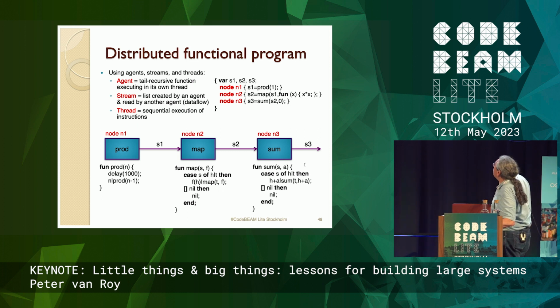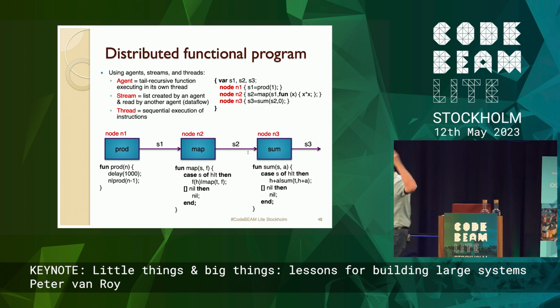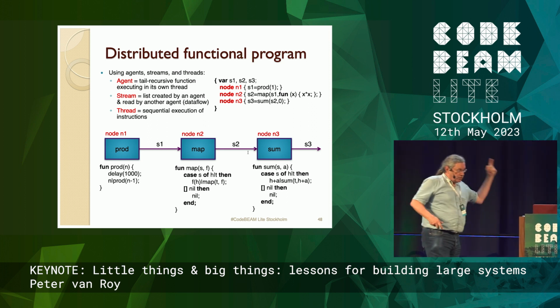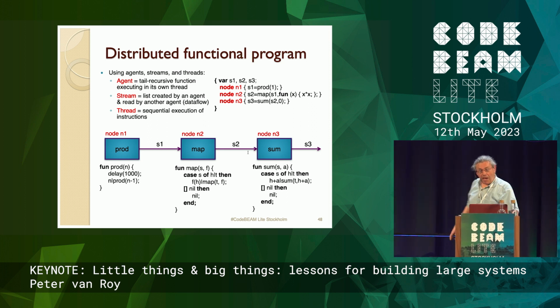And an agent is a tail recursive function. So S is equal to prod1 will be running on node 1, N1. And another one, map, on node N2, and the sum on node 3. So the S1, S2, and S3, they're basically asynchronously, like TCP or whatever, a pipeline of messages being passed concurrently between the 3 nodes, okay?